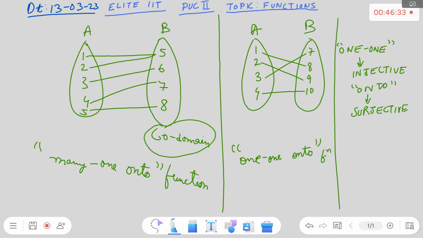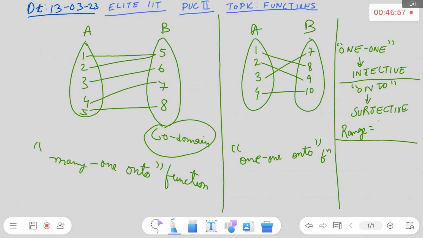This is a one one onto function, isn't it? So this function, why is it onto? Because each and every element of the codomain has a pre-image. And see here, for onto functions, what did we see? Range equal to what?